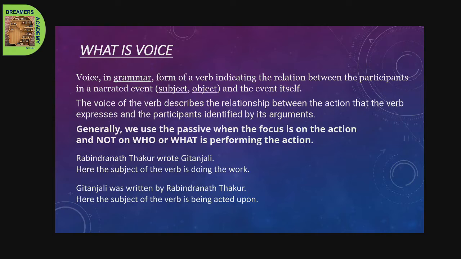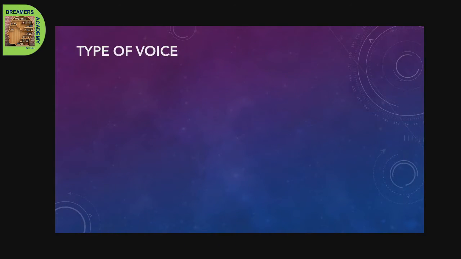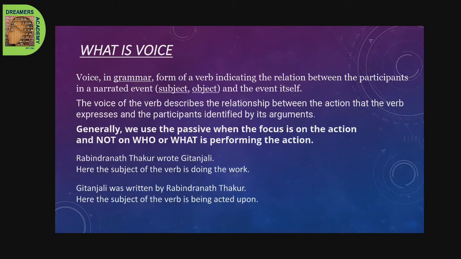Here the motive of the speaker is on the Gitanjali, so he used the passive voice. So when we are focusing on the subject, we use the active voice, and when the focus is on the object or on the action, we use the passive voice.